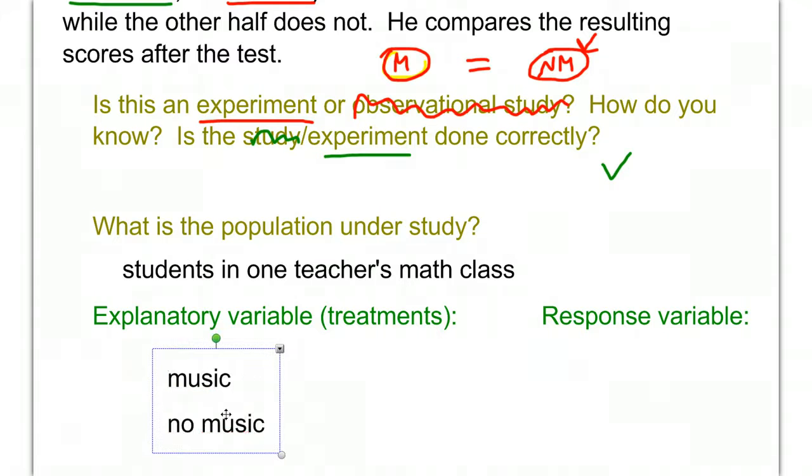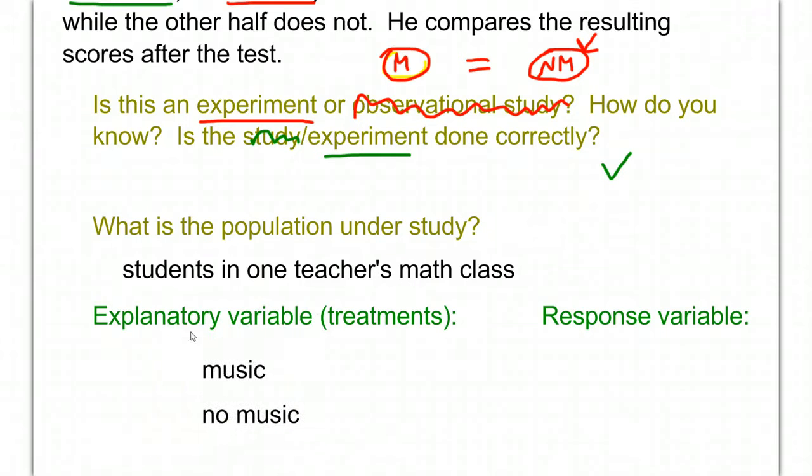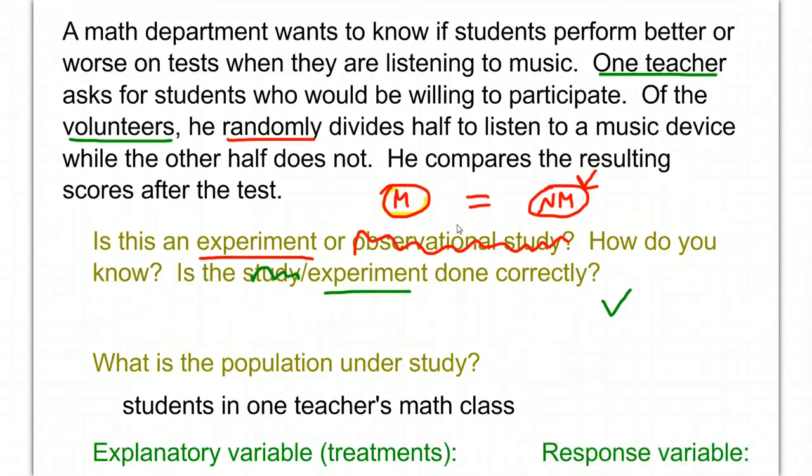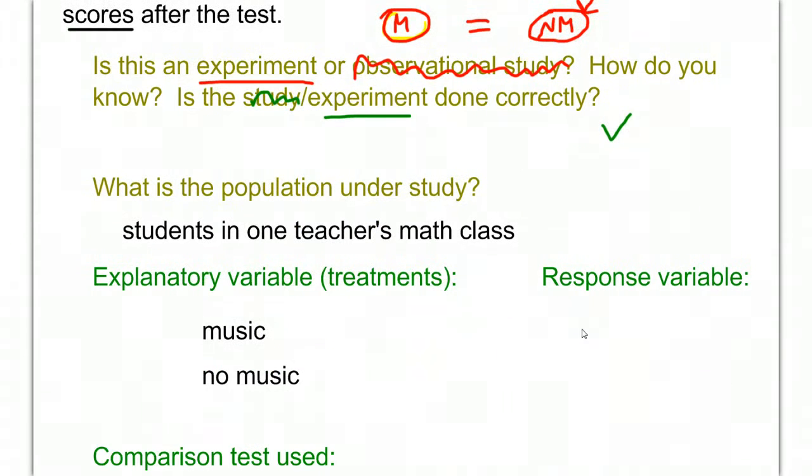The explanatory variable is whether or not they're listening to music. The response variable, what we're actually measuring in this study, is the scores after the test. We're comparing the resulting scores after they complete this test. So the response variable would be test scores.